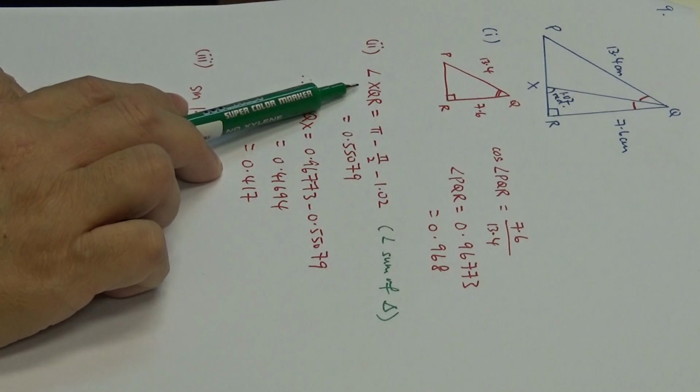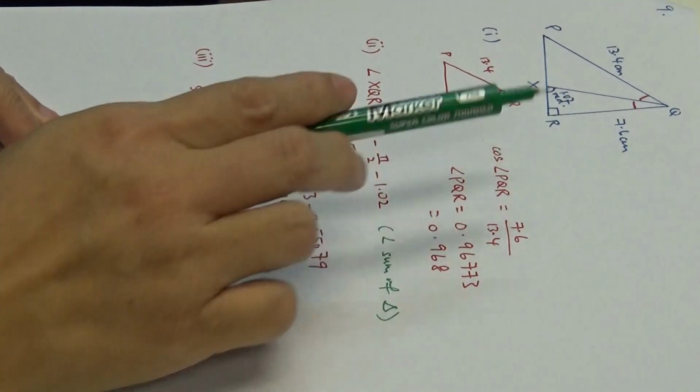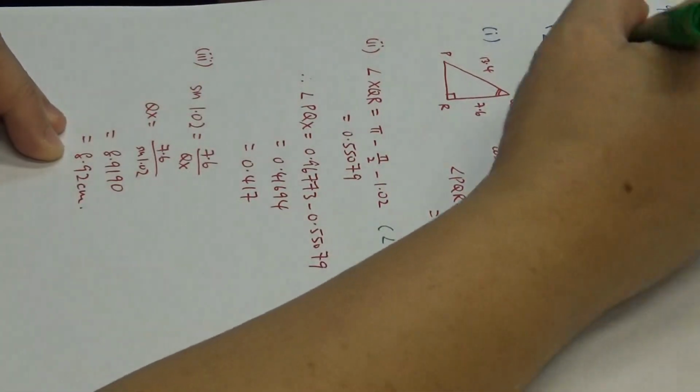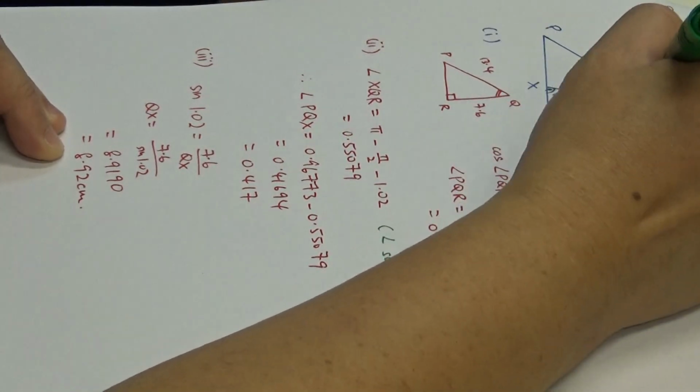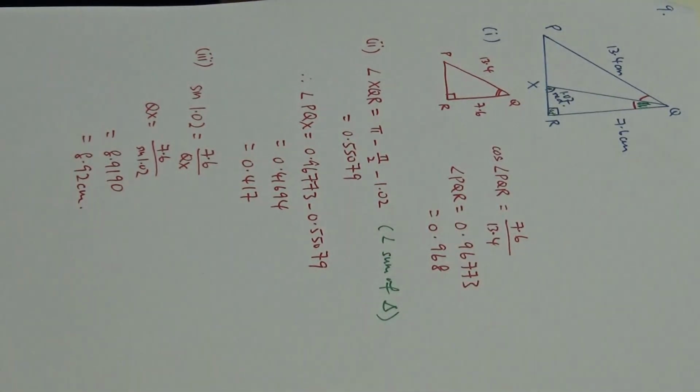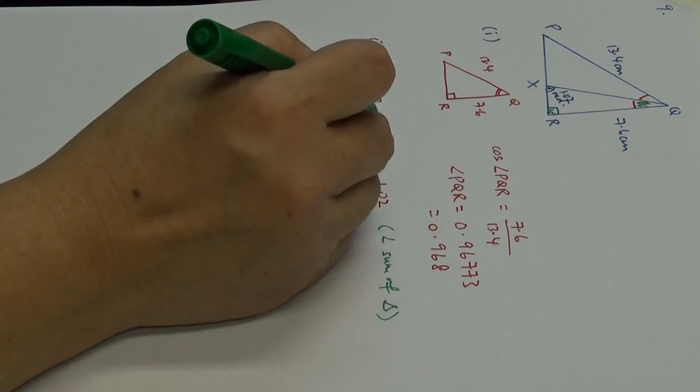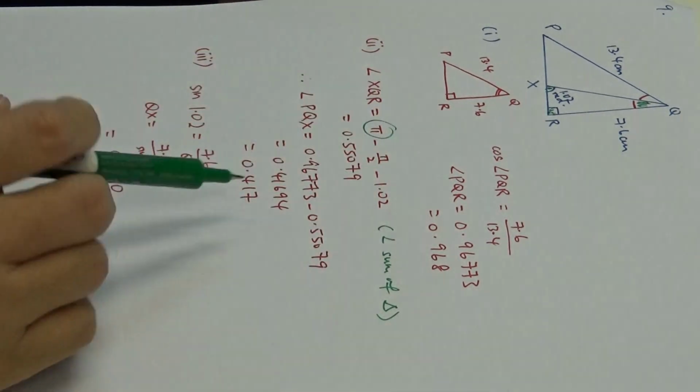Now, angle XQR is here. Now, I want you to look at these three angles. This, this and this. These three are actually the angle sum of a triangle. And the angle sum of a triangle adds up to 180 degrees. And 180 degrees in terms of radians will be just pi.